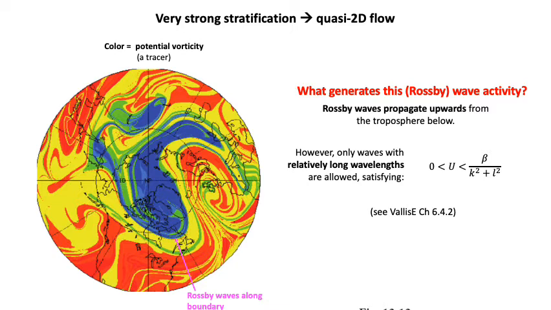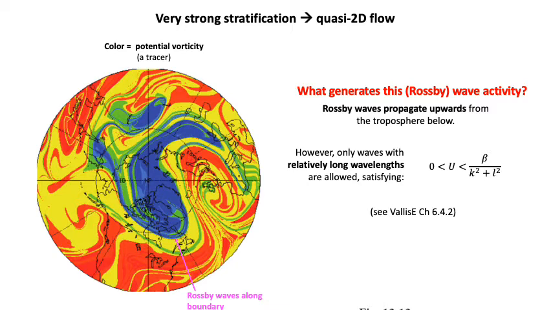It has to be less than this criterion, beta over k squared plus l squared. So if you go through and think about it, long wavelength means small k squared plus l squared. So this implies that there's this filtering going on from the troposphere into the stratosphere, that only a specific range, it's basically a low pass filter of waves coming up from the troposphere, can make it into the stratosphere.